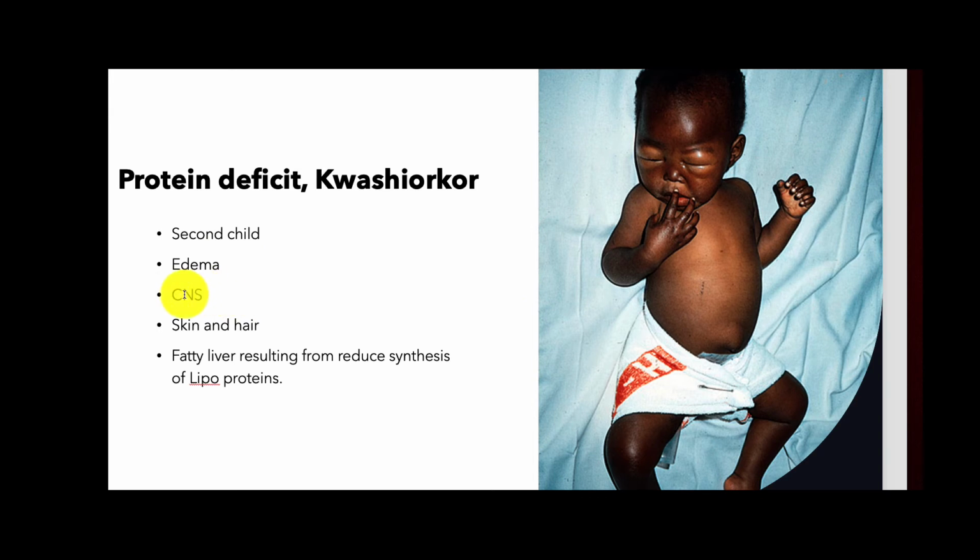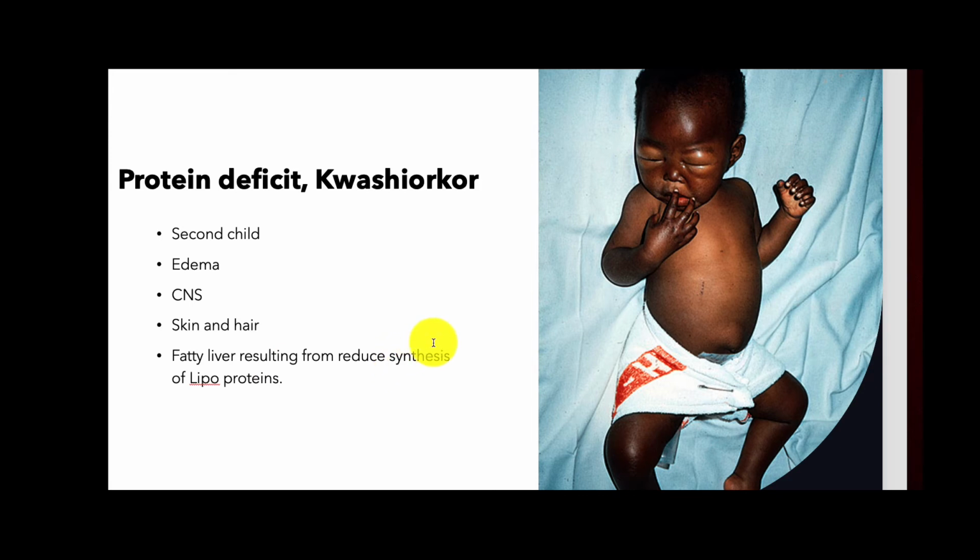We have issues with the central nervous system. We have changes in the skin and the hair, and we get fatty liver resulting from reduced synthesis of lipoproteins. And we know that lipoproteins are made in the liver, and they help us develop transport vesicles for cholesterol.